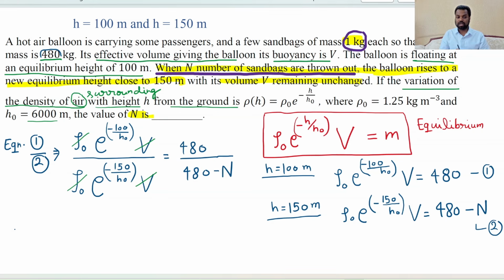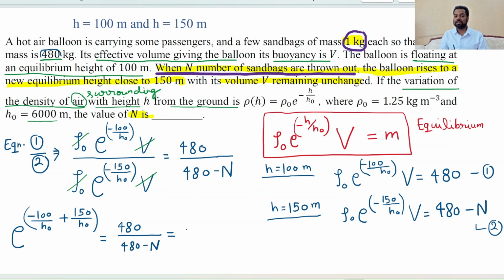We can write e to power minus 100 by h naught plus 150 by h naught, and that is equal to 480 by 480 minus n. This e to power will convert into 150 minus 100 by h naught, so that will be 50 by h naught.